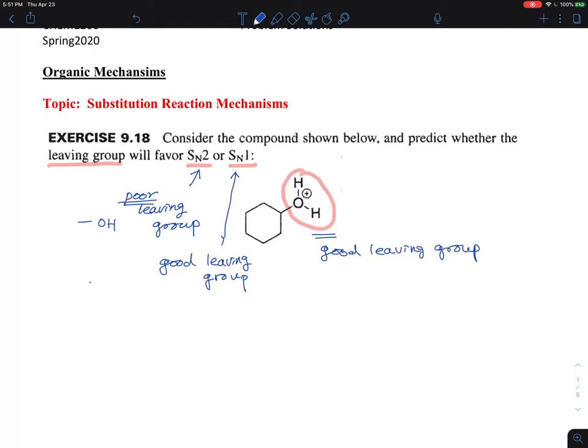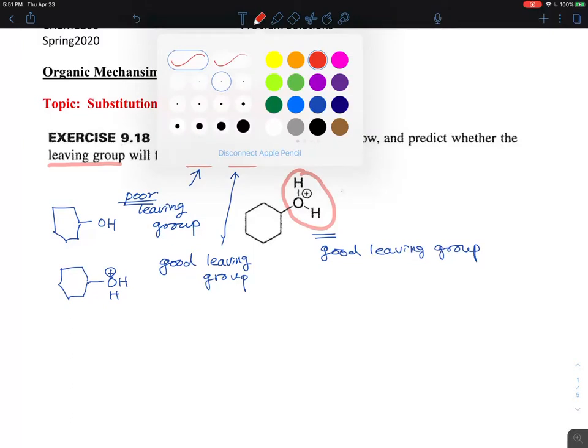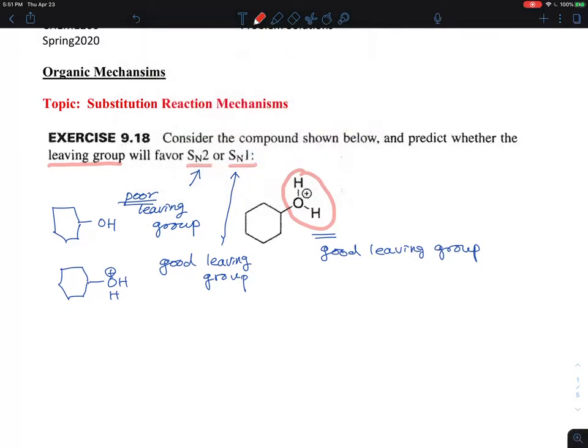Whereas here, OH is being protonated, and when this molecule tries to leave, it takes the 2 electrons with it. By doing so, this results in H2O, which is neutral.